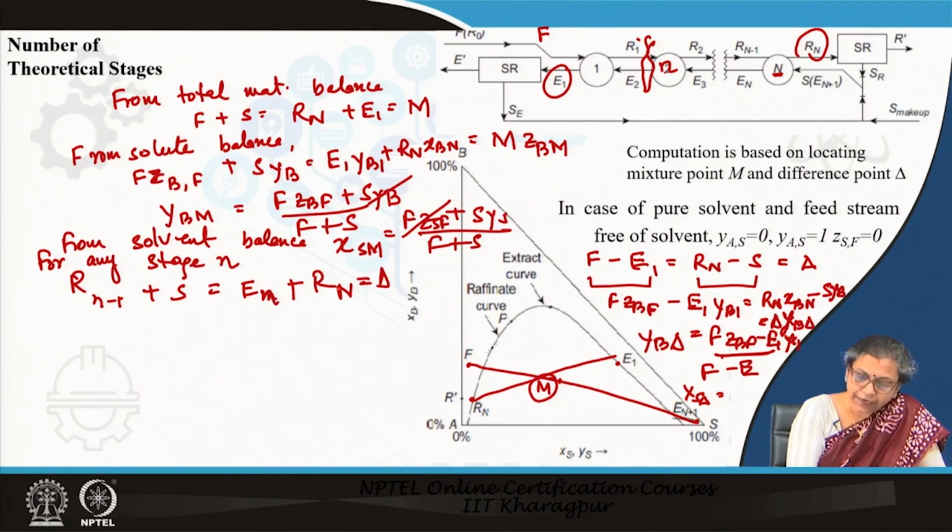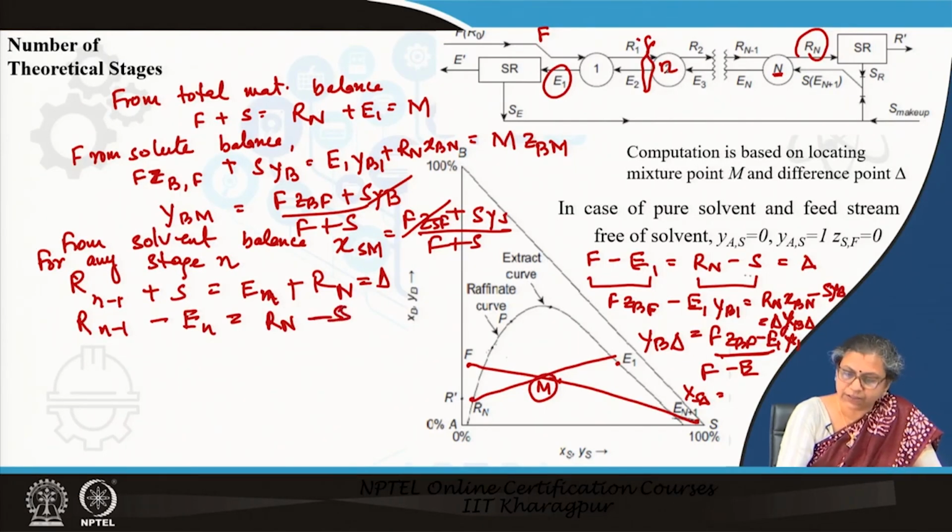We get Rn minus S equals Rn minus 1 minus En, which is equal to Rn minus S, which is nothing but equal to this. So, therefore, we find that whether we take up any particular stage, for any stage the net flow out of this stage should cross through one particular point, which is the delta point.